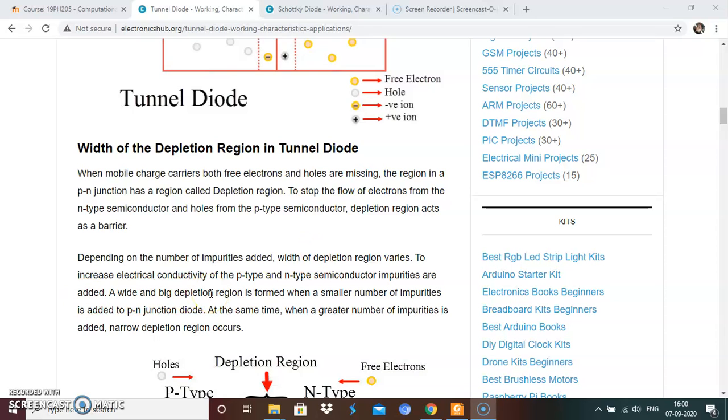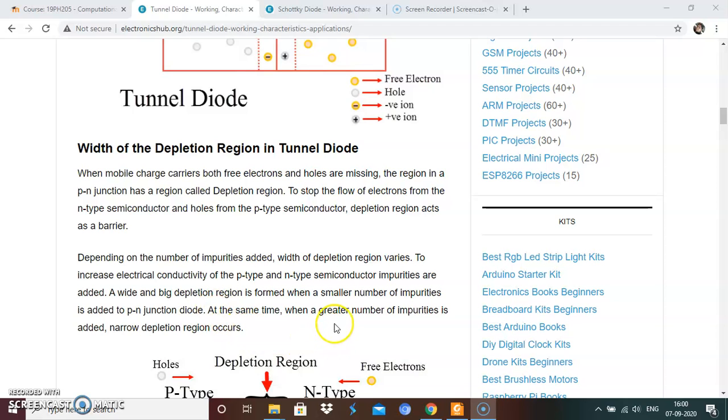Depending upon the number of impurities added, the width of the depletion region varies. To increase the electrical conductivity of p-type and n-type semiconductors, impurities are added. If we want a wide depletion region at the PN junction, we need to add a small amount of impurity.